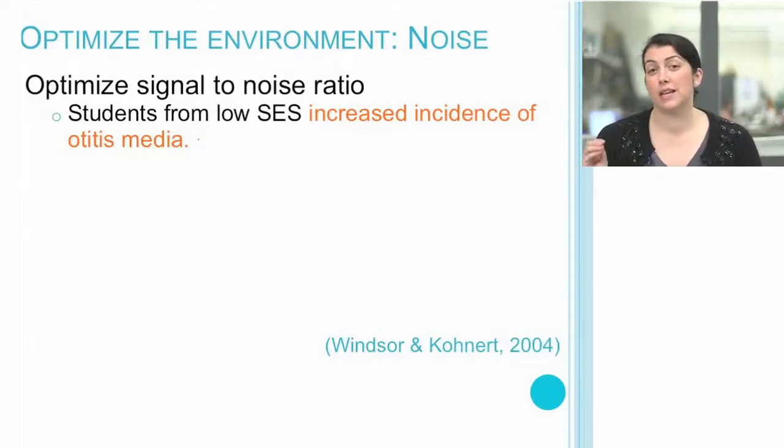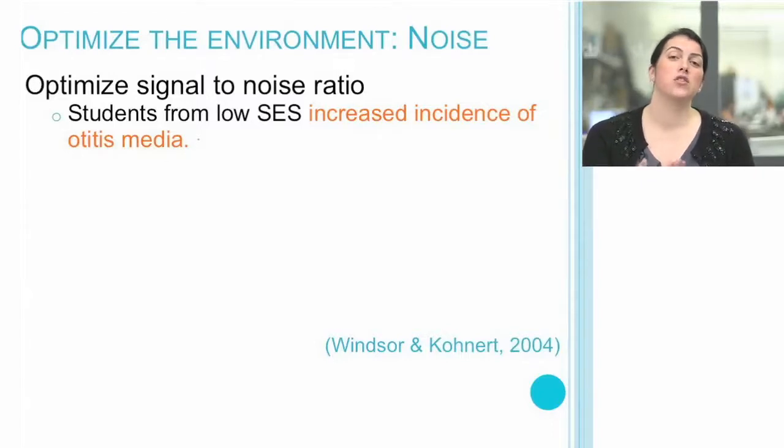It's also important to think about the noise that's happening in your teaching environment. How can we optimize the sound in the room for our students so that they don't get distracted? It's actually studied that students from low-income communities have a higher incidence of ear infections, otitis media.